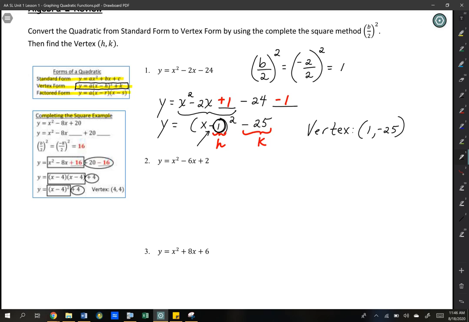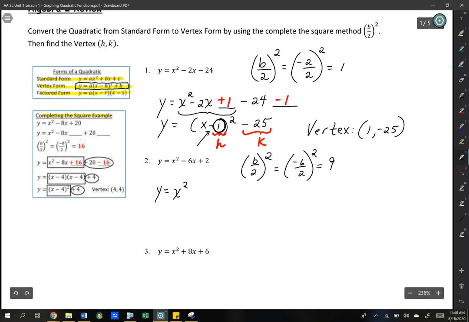All right, let's do another one. So we're going to do b over 2 squared. B in this case is -6. So we're going to get -3 squared, so that's 9. We're going to do x squared minus 6x, leave a place, plus 2, leave a place.